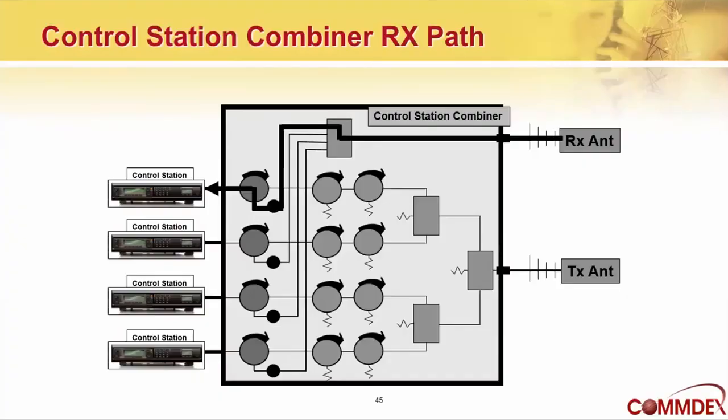What happens on the receive side? On the receive side, the signal goes in, goes to a hybrid splitter, goes into port 3 of the circulator, which takes you back into the control station. So this one has a lot less loss than the short haul combiner.